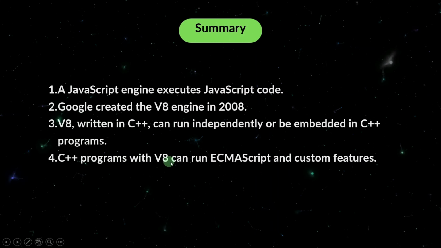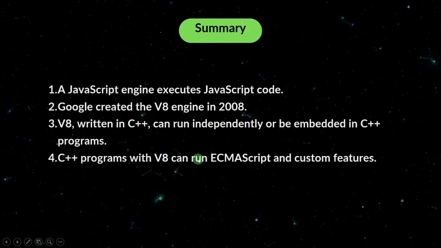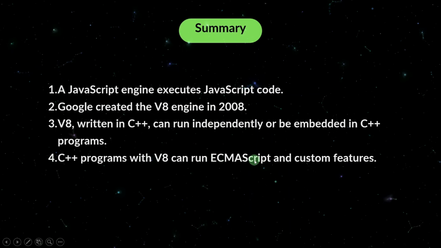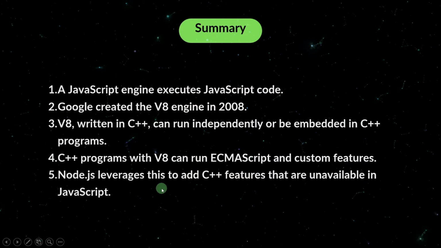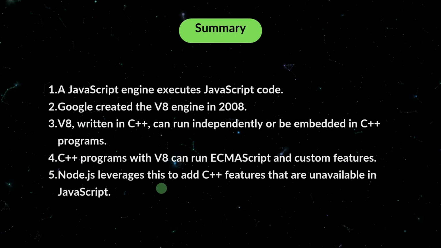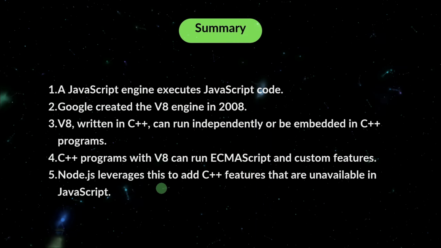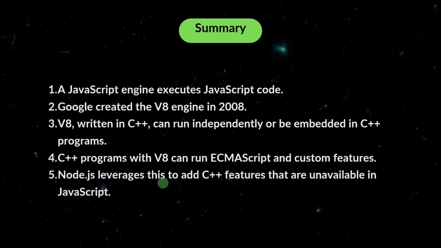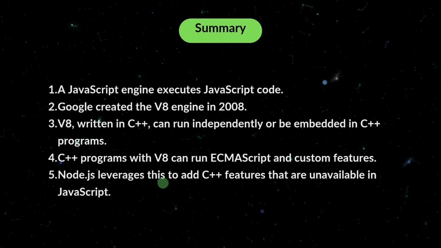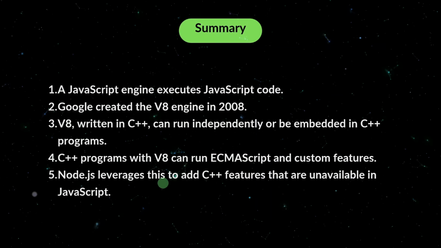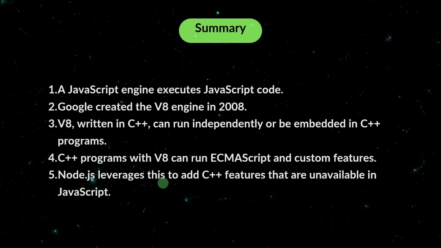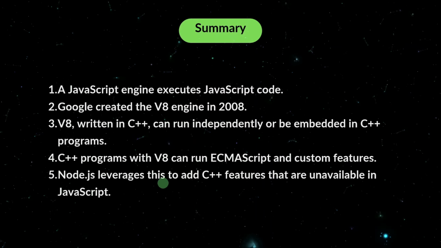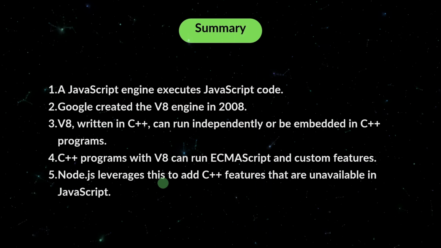C++ programs with the V8 engine can run ECMAScript and also custom features. Because of this, whatever features were not available in JavaScript, with the help of Node.js we can add them. This is all about the V8 engine and how it was created. The programmer embedded his C++ code into Chrome's V8 engine, which led to the creation of Node.js.